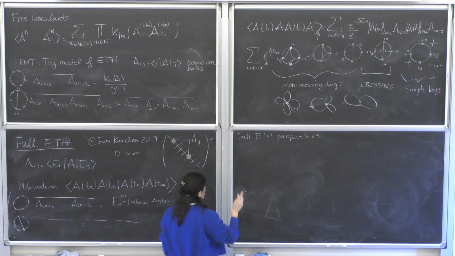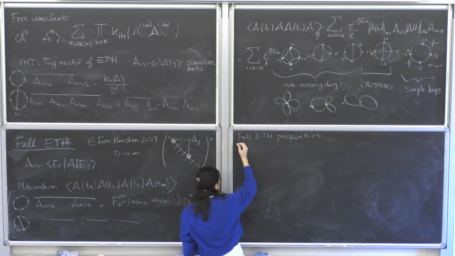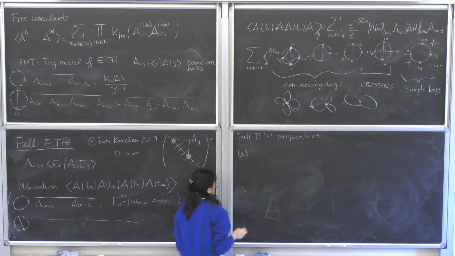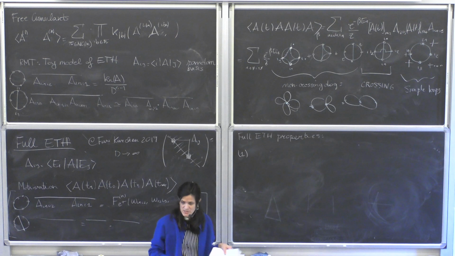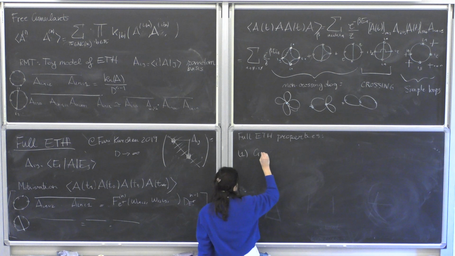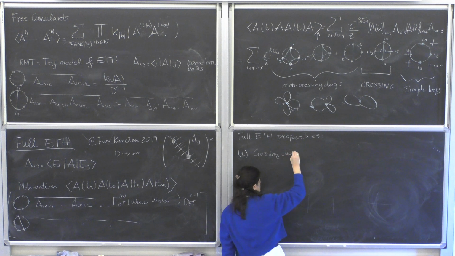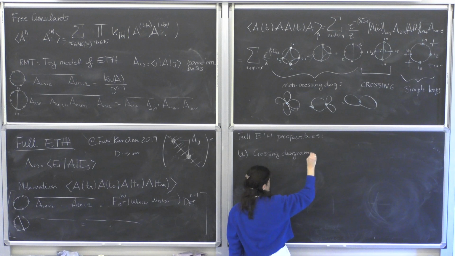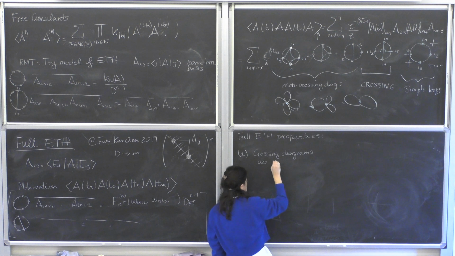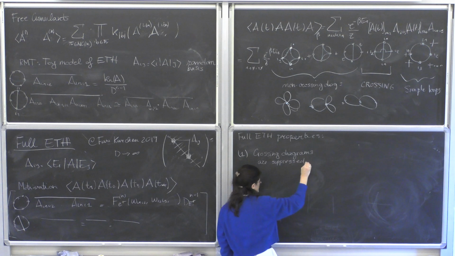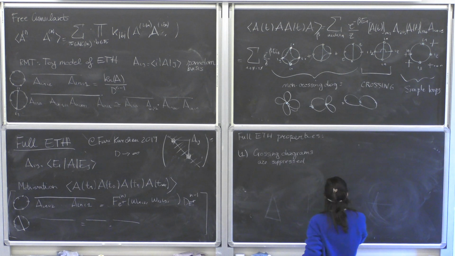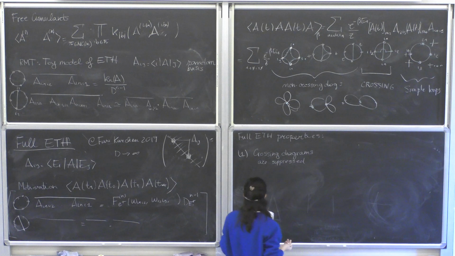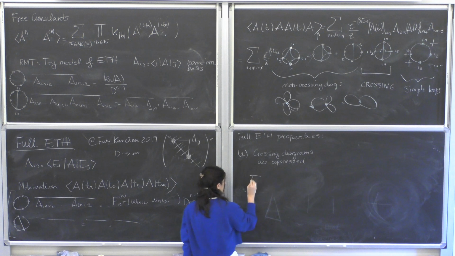Okay, so the first one, property 1, is that crossing diagrams are exponentially suppressed. Let's do it for that diagram, such that also what I've been saying makes a bit more sense.